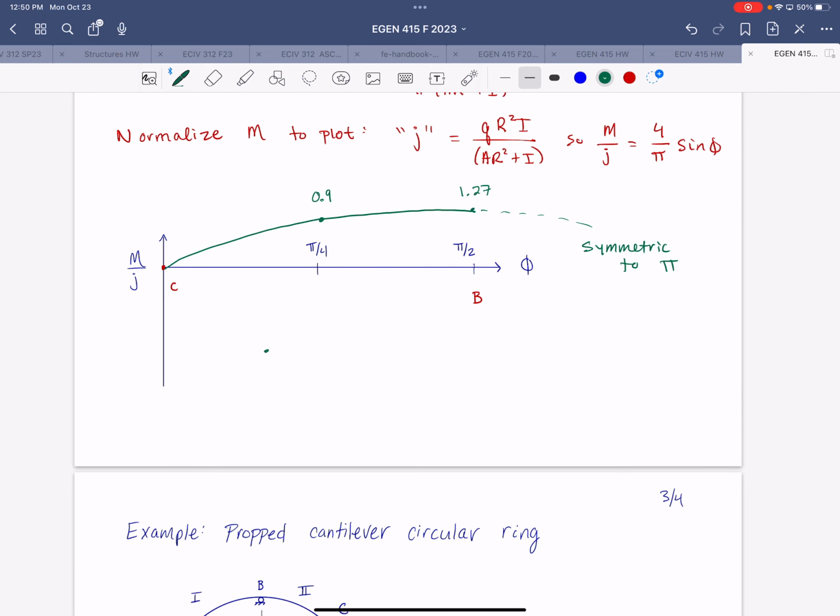So a few quick comments, and then I know we'll be done. Of course, moment is equal to 0 at C, the free end, as it should be. And it builds to a maximum at point B, which is the center of the arc, the top.